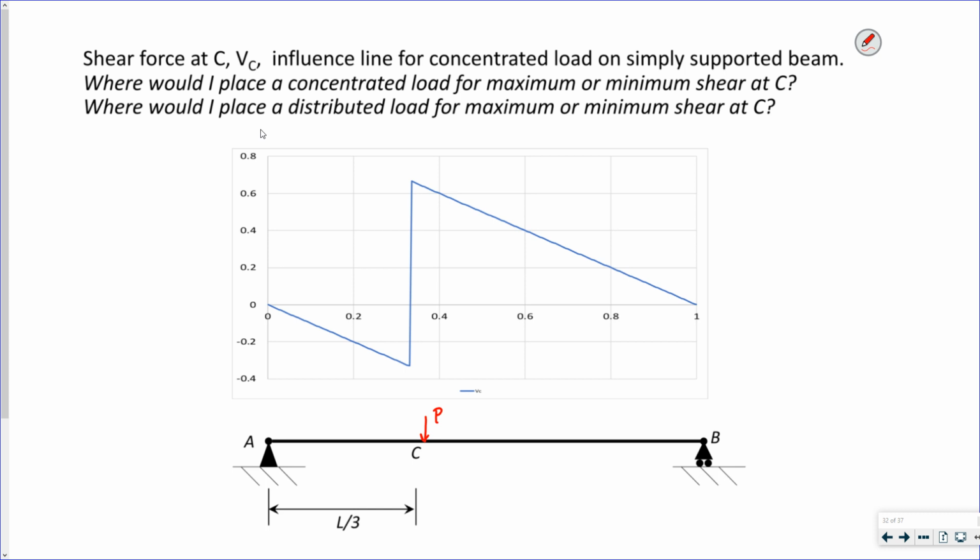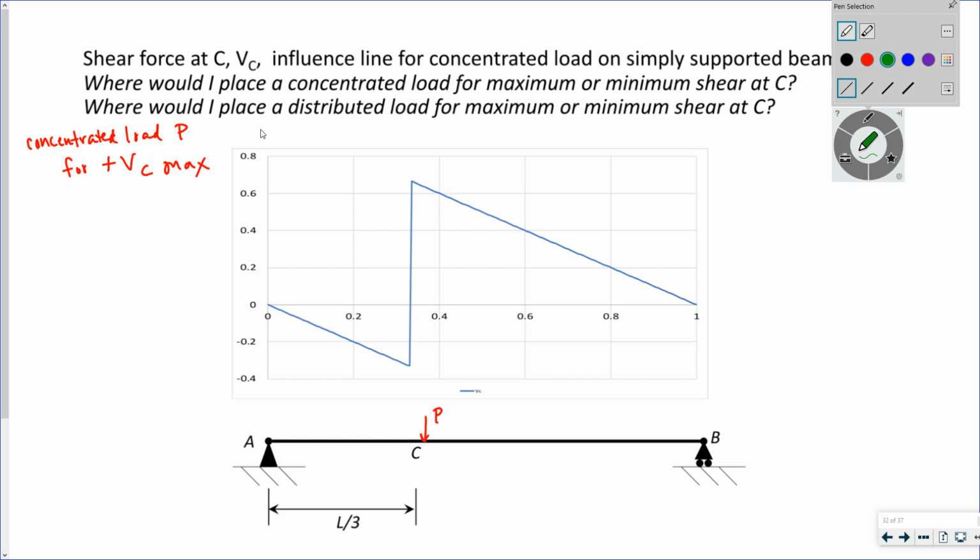If I put it just to the right of C, I'd get my maximum positive shear. If I wanted to get my minimum, I'd put it just to the left.